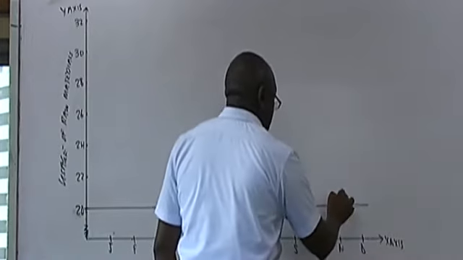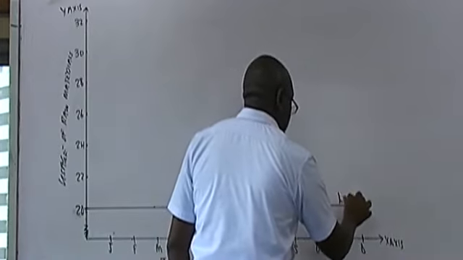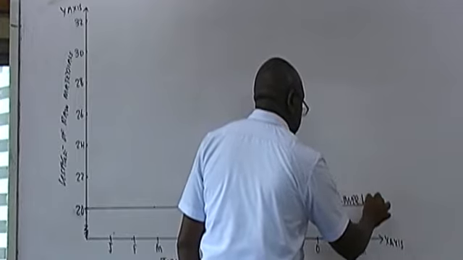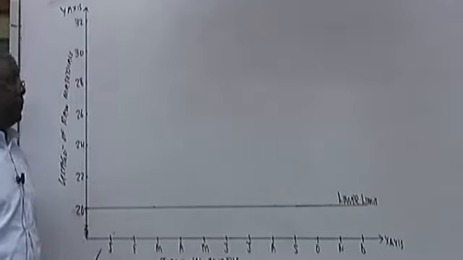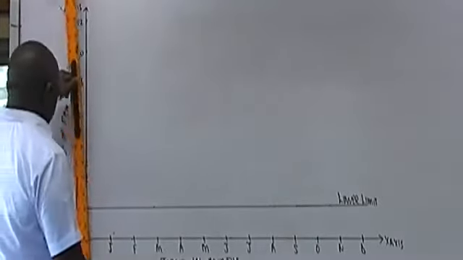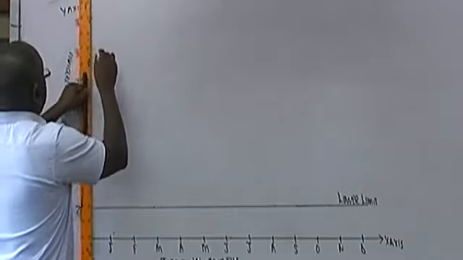And this line, you call it lower limit. Then hiyo ingine tulikuwa tumepata 30.